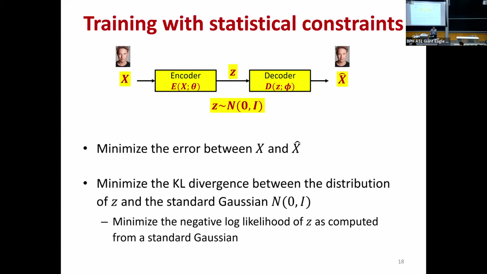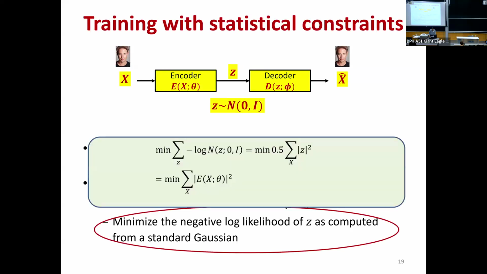So I'm going to impose the additional constraint that the KL divergence between the distribution of z that I see in the training data and the standard Gaussian is minimized. And minimizing the KL divergence is the same as minimizing the negative log likelihood of z as computed using a standard Gaussian. So that becomes easy.